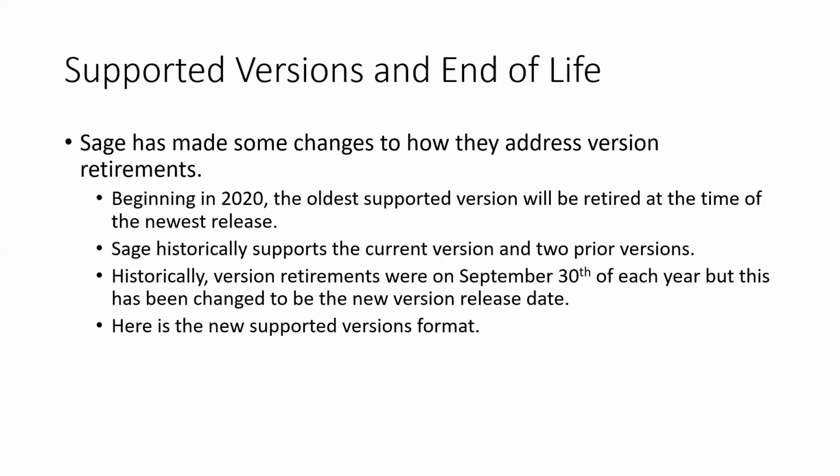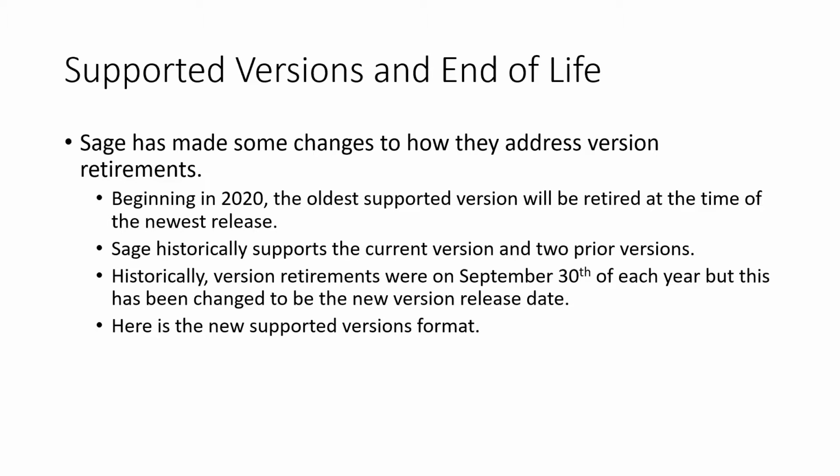Sage has made some changes recently to how they address version retirements. So beginning in 2020, the oldest supported version will be retired at the time of the newest release. So for instance, everything that we have told you over the past several years regarding when a version is, quote, retiring, it's always September 30th of that particular year.